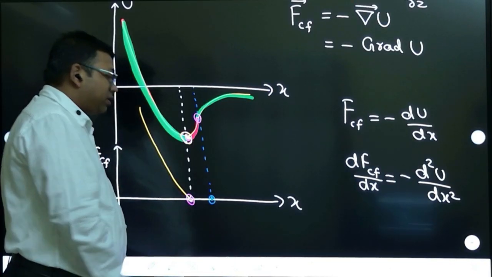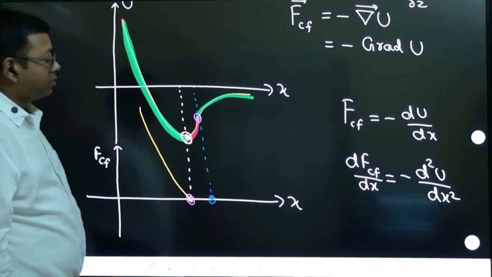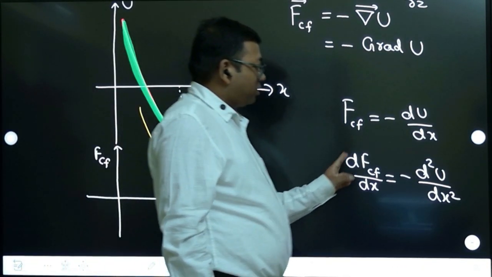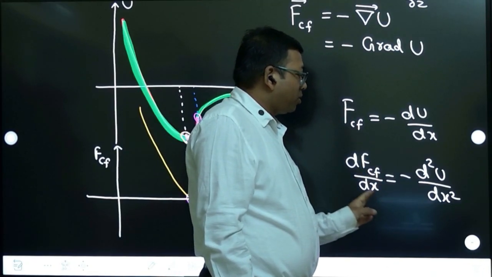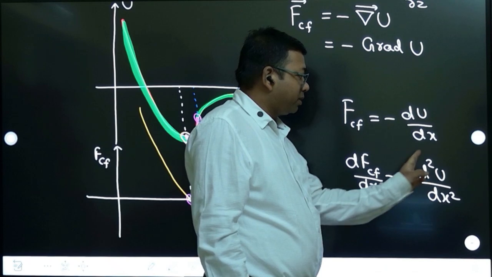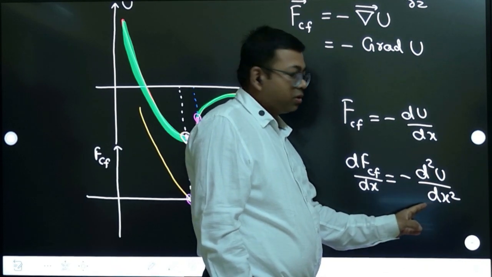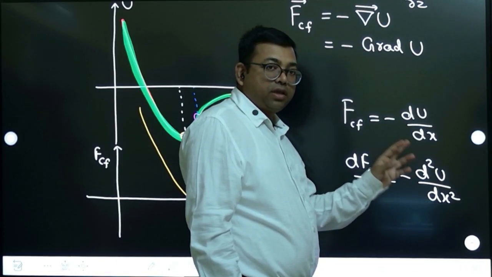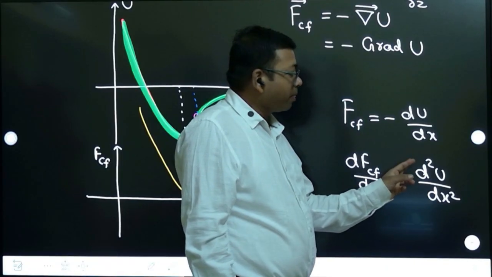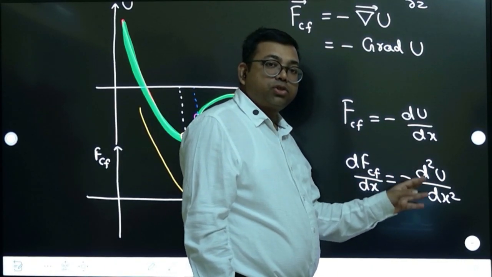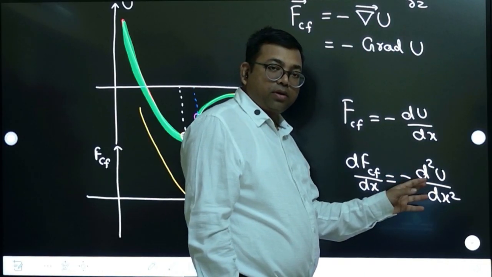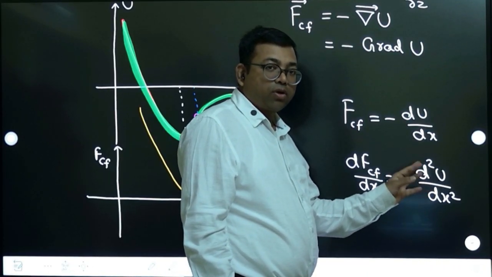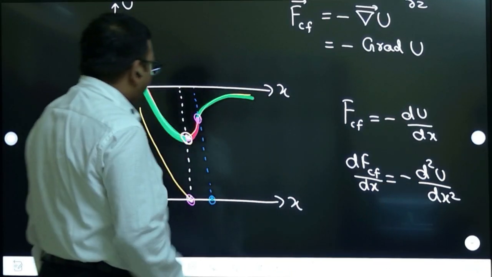But now let us understand the shape of the graph. The slope of the force graph is minus the double differentiation, and the double differentiation of potential gives the shape of the potential graph. Double differentiation positive means concave, double differentiation negative means convex.